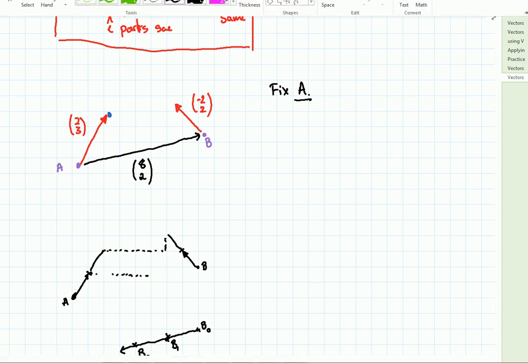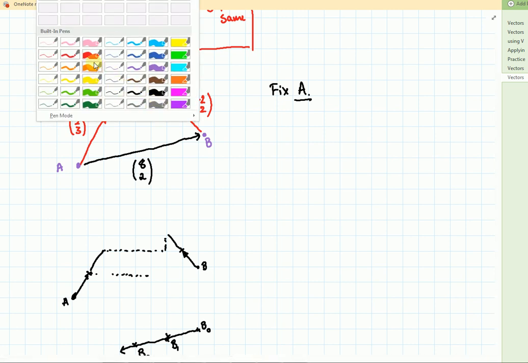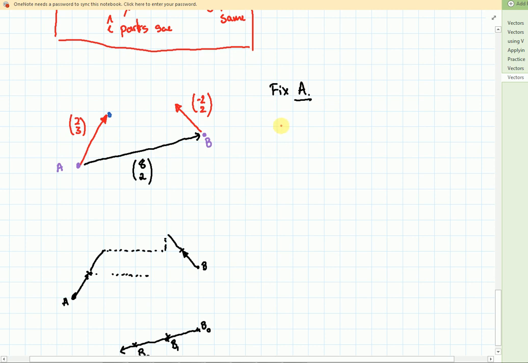So to fix A, what we need to do is we need to take the velocity of A and set it so that it becomes 0. So we're going to make a correction value. We're going to say 0, 0 is the velocity of A, which is 2, 3. And we're going to add to that this constant to change this constant vector. And this fits the velocity frame, what's called the inertial frame.